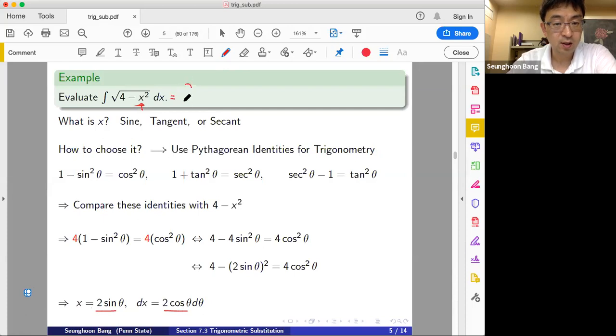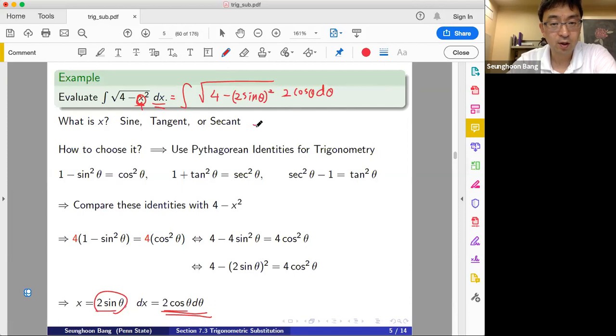Next, you plug these values in here. Integral square root of 4 minus x, where x is 2 sine theta, and dx is 2 cosine theta d theta.